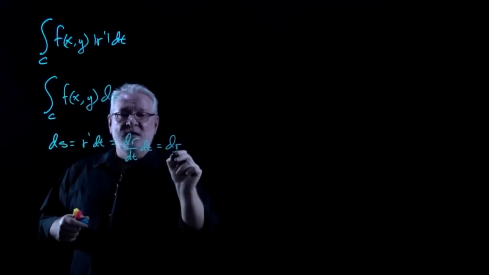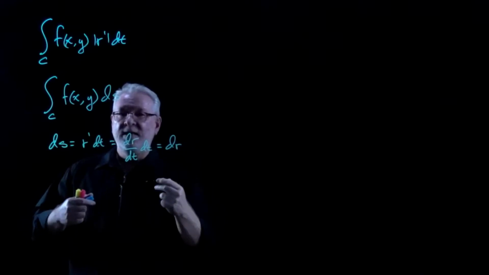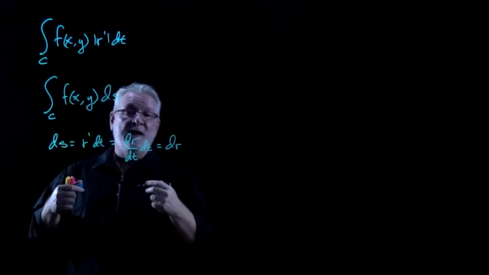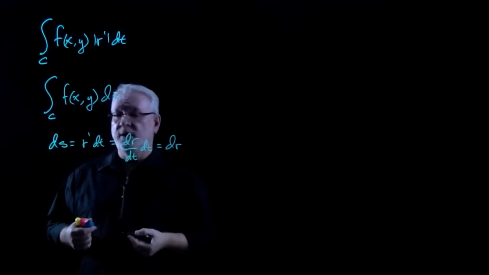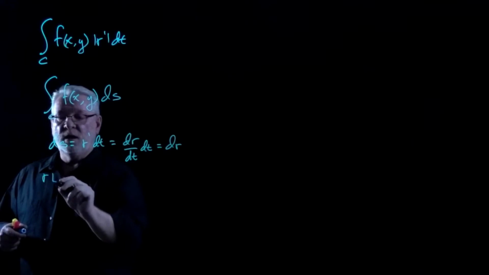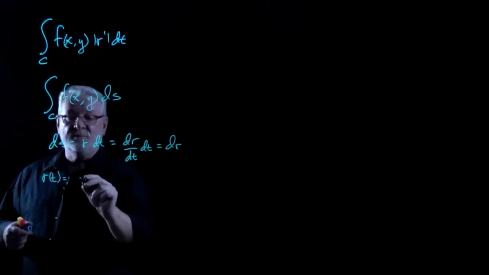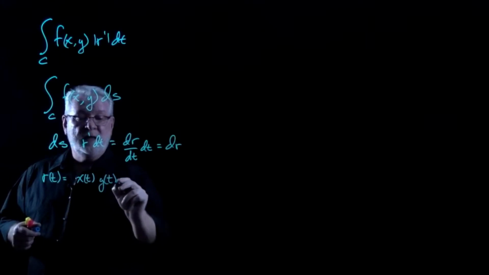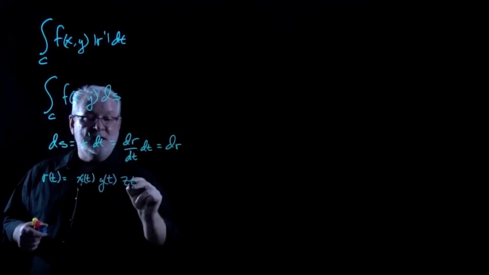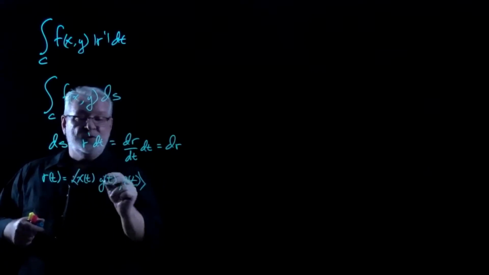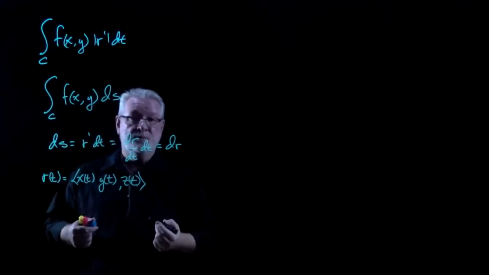Now, dr, how would we obtain dr if we really had a definition of it in terms of a parameterized function in multiple variables? Well, keep in mind that if r's definition, r of t, is really something like x of t, y of t, and let's expand it out, z of t, so that we've got the three components that r could be.